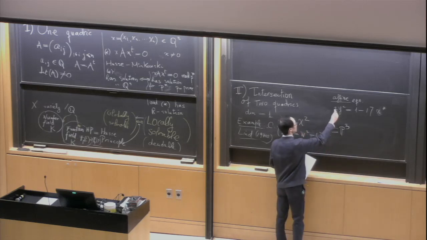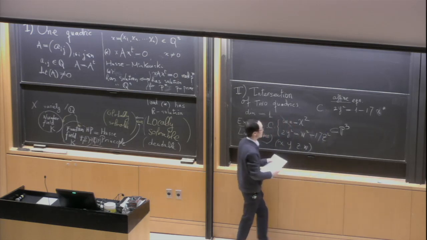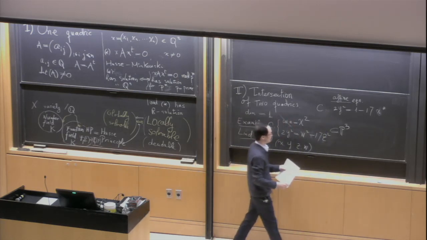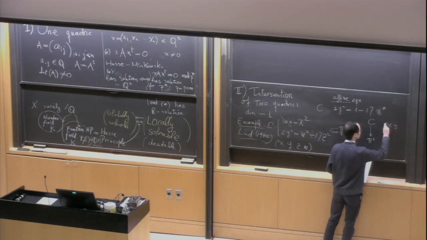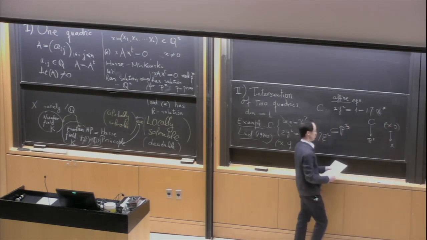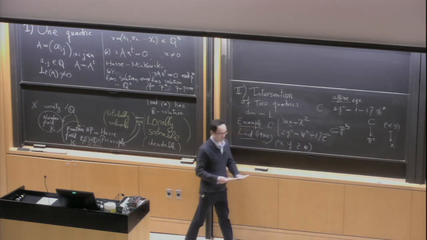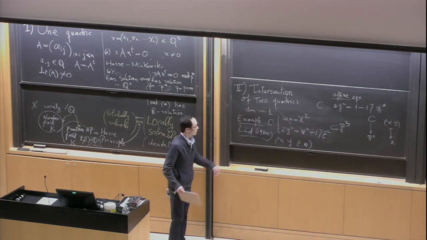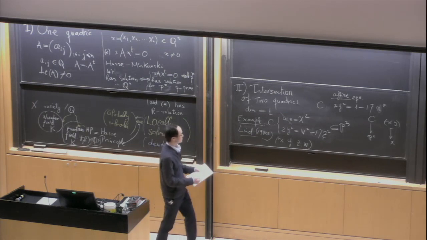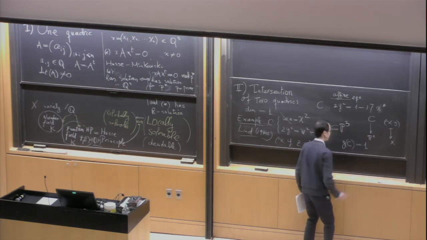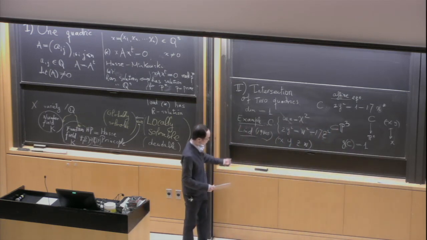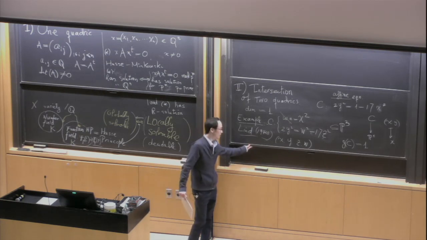That's okay. This has a singularity at infinity, but anyway, it's birational to this curve. In fact, this is a hyperelliptic curve, with a map C to P1 sending (x, y) to x, a double cover ramified at 4 points. So this actually gives a genus 1 curve, which is a counterexample to the Hasse principle.